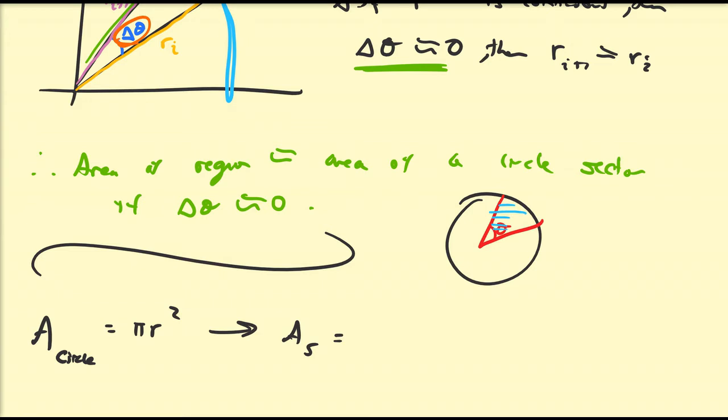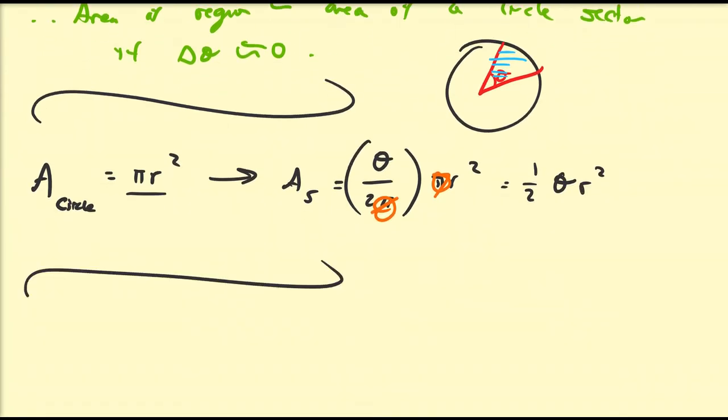So we're assuming that theta is between 0 and 360 degrees. So that means this is going to be theta divided by 2 pi times the total area, which is going to be pi r squared. So we clearly see that pi cancels, and we're just going to be left with 1/2 theta r squared.